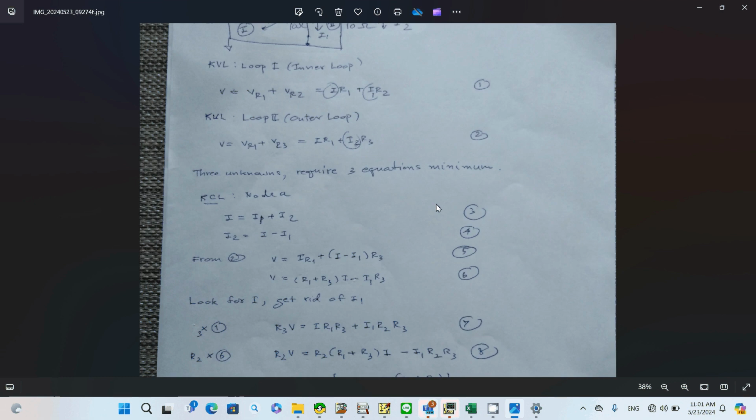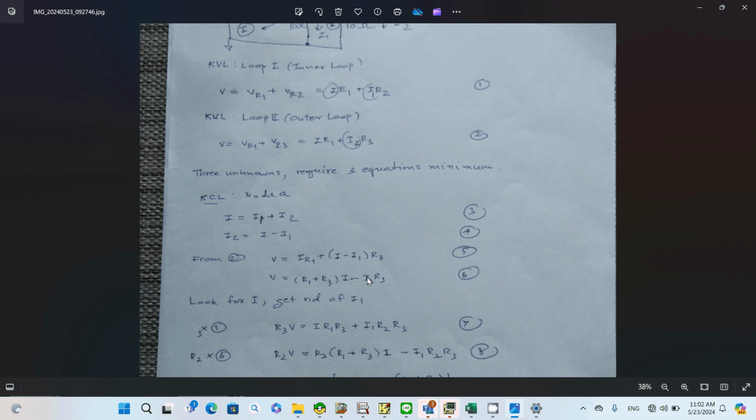Now the next step is you still have I1. Let's get rid of I1 by making the coefficient of I1 in the two equations equal.